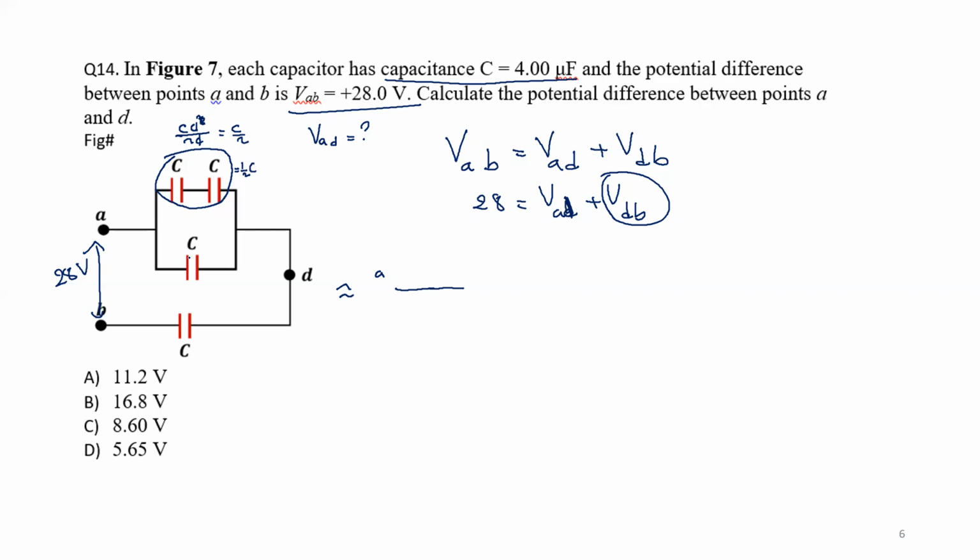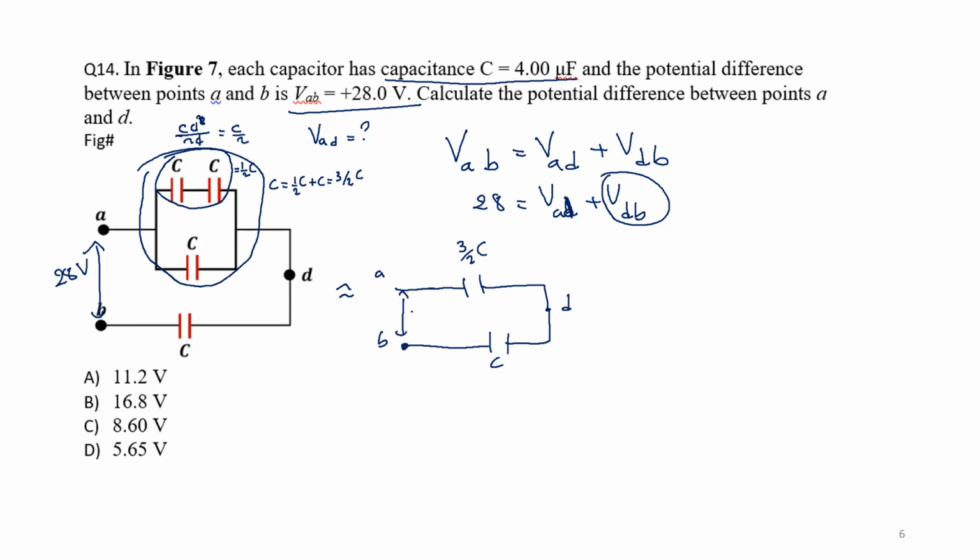With C. So I can replace this by one equivalent capacitance, which should be half C plus C, which is 3/2 of C. So bottom line, I have A, and I have one single capacitance with a capacitance 3/2 of C. And then I have point D here, which is in series with another capacitance with a capacitance C. And this is point B. And here the voltage is 28 volt.